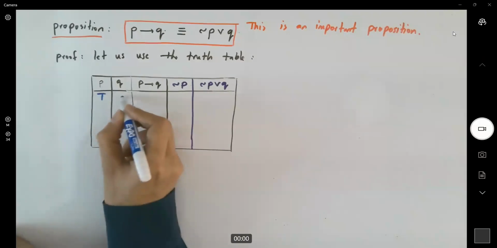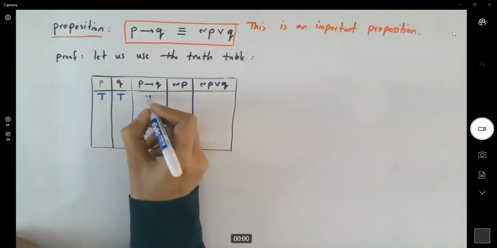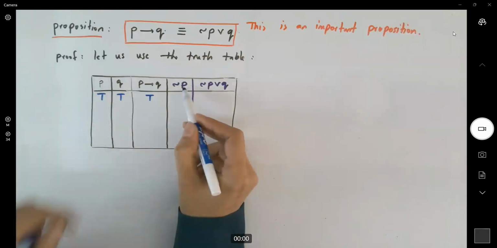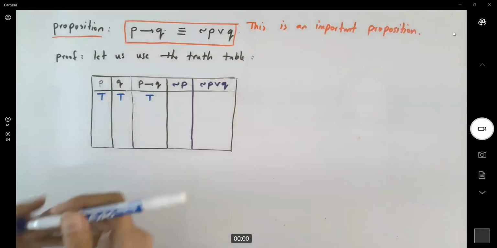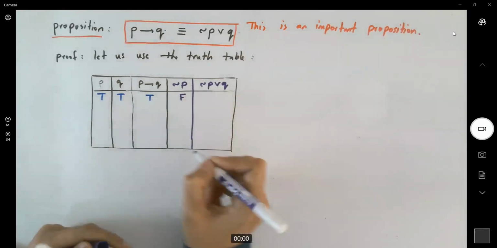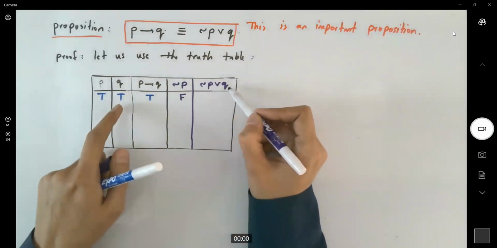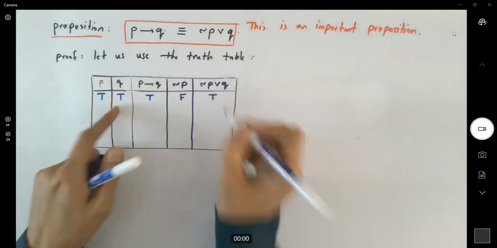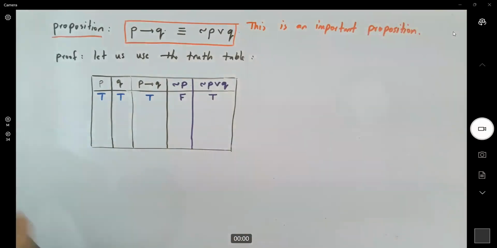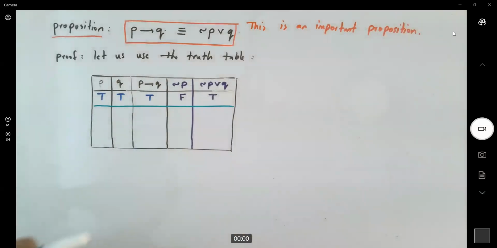P true, Q true, P then Q is true. Not true is false. False or true is true. Let us move on to the next line.